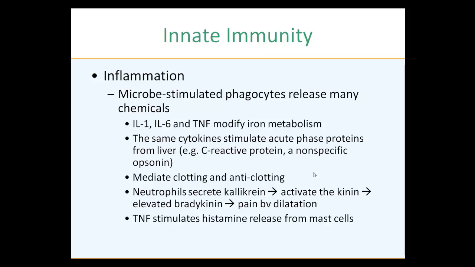So anyhow, let's go back to this. IL-1, IL-6, and TNF will modify the iron metabolism. They will also stimulate the acute phase proteins from the liver, like the C-reactive protein, which, by the way, we check for when we suspect that someone has an acute infection. So we look for the C-reactive protein.